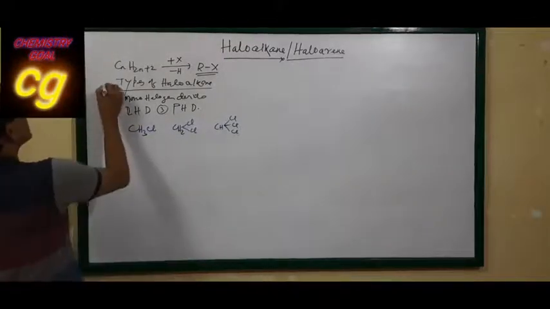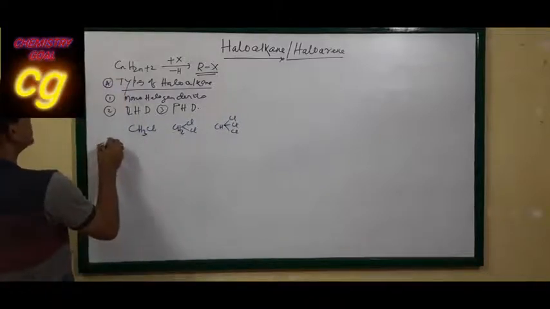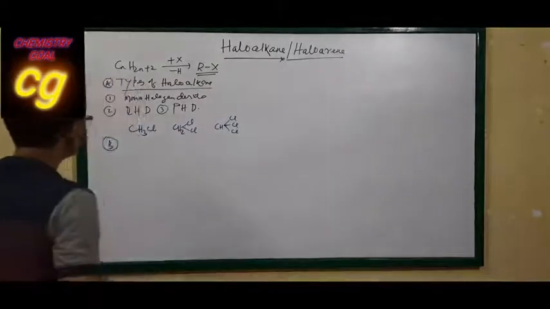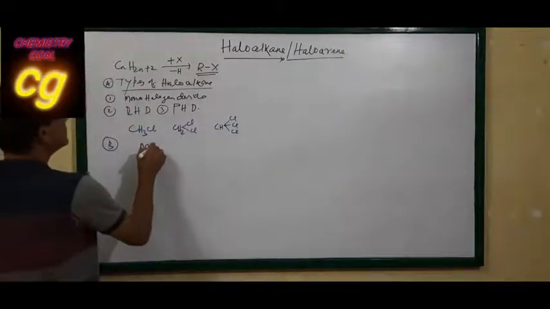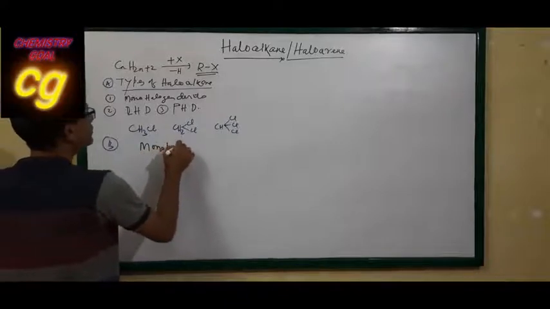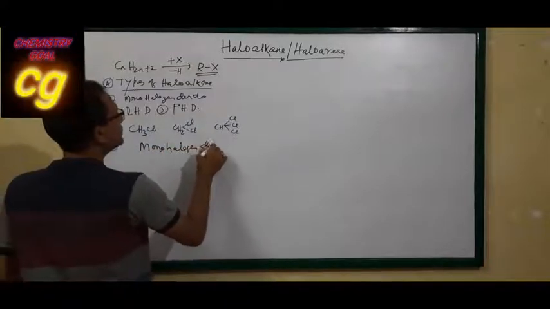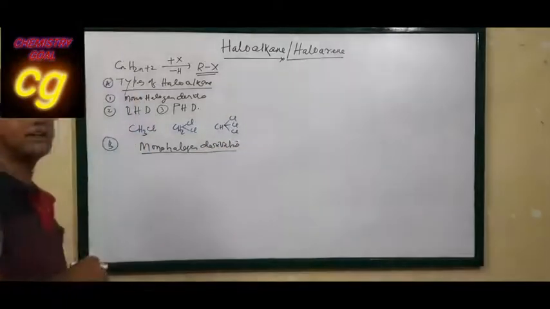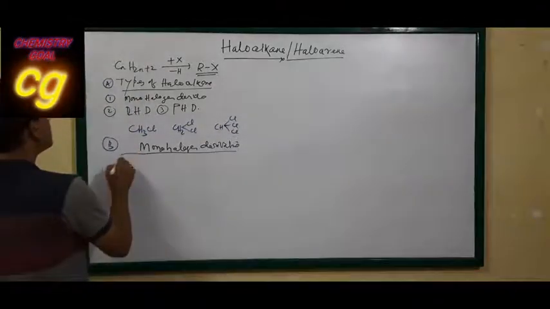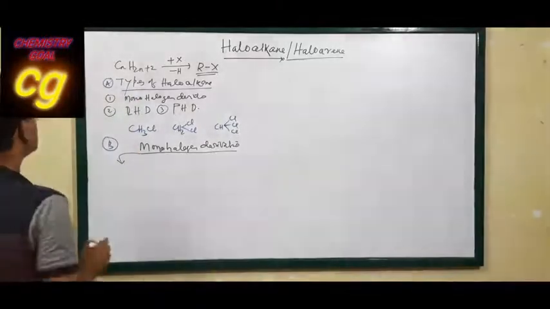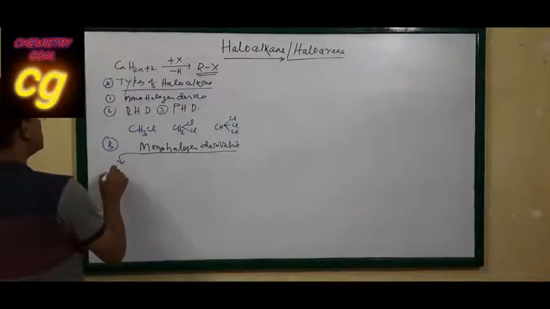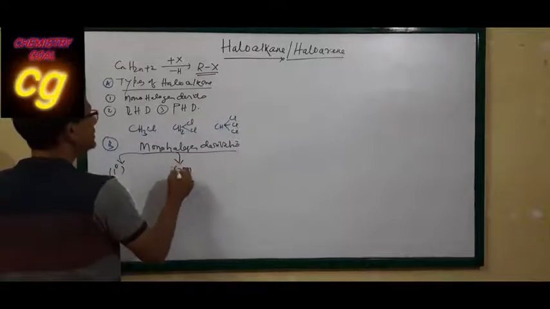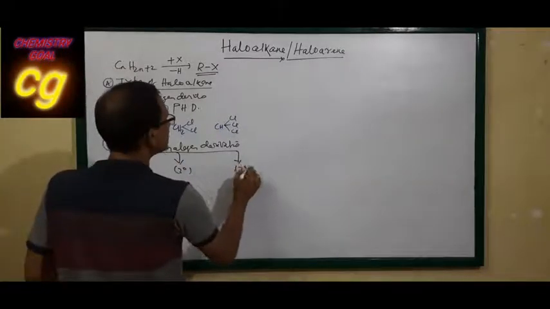Then the second type of classification we can take is of the monohalogen derivative. This monohalogen derivative may be of three types: primary haloalkane, or maybe secondary, or maybe tertiary.